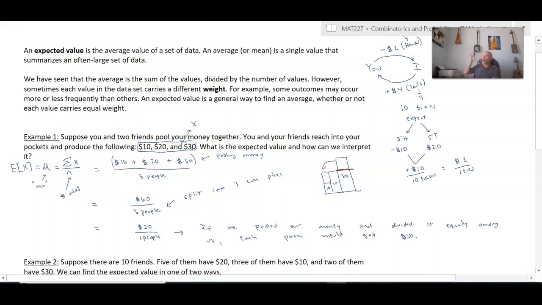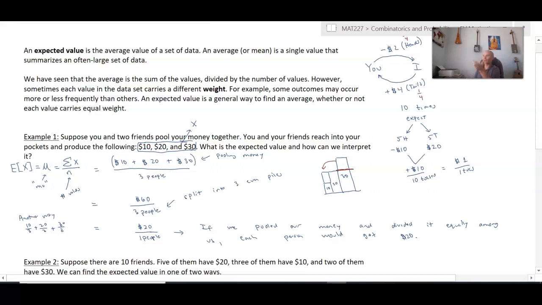Okay, well, another way I could conduct this computation right here is instead of adding them up and dividing by 3, remember when we have a fraction, we can think about splitting this fraction up into 3 separate terms, namely 10 over 3 plus 20 over 3 plus 30 over 3.